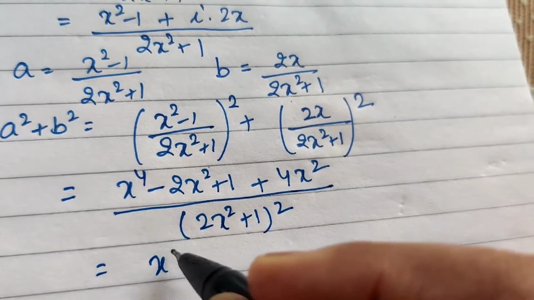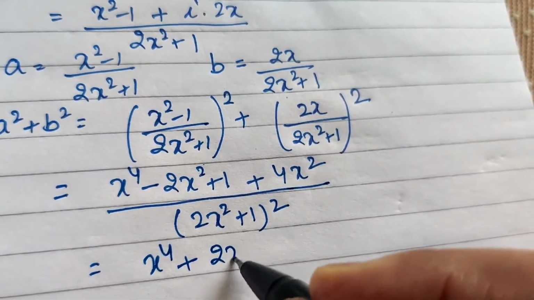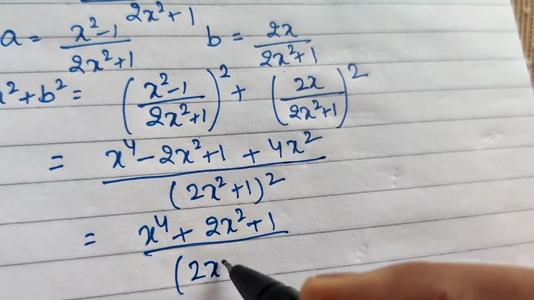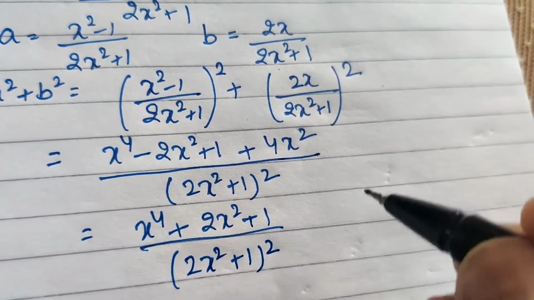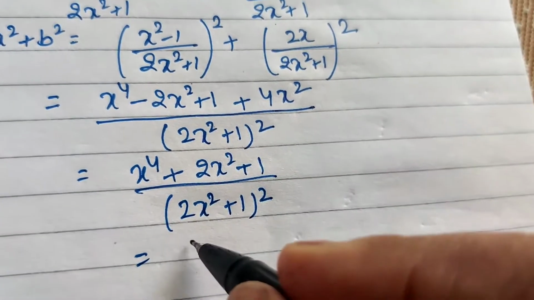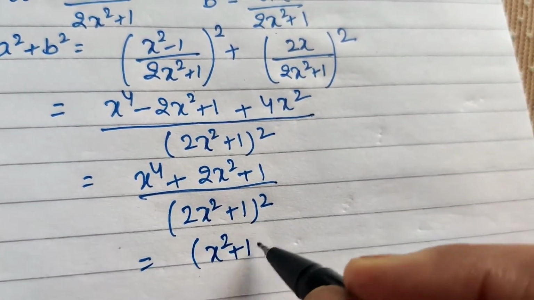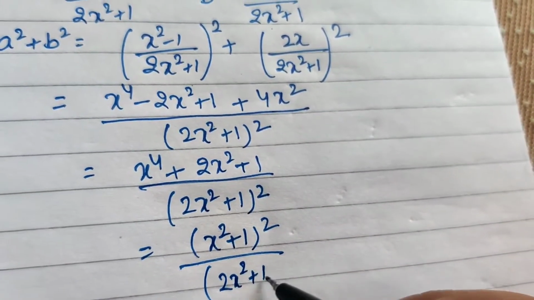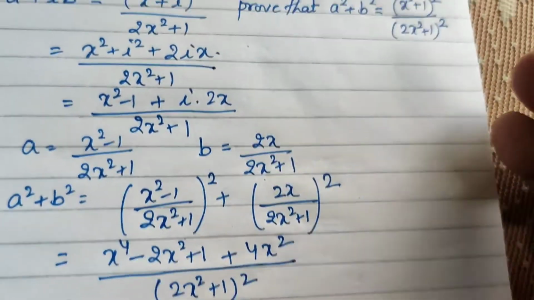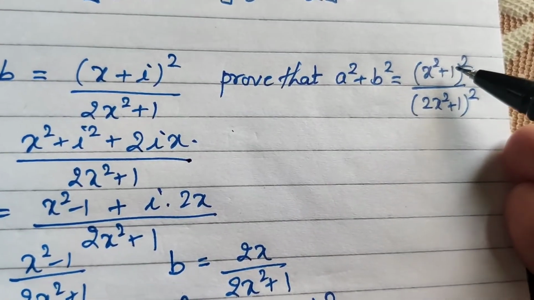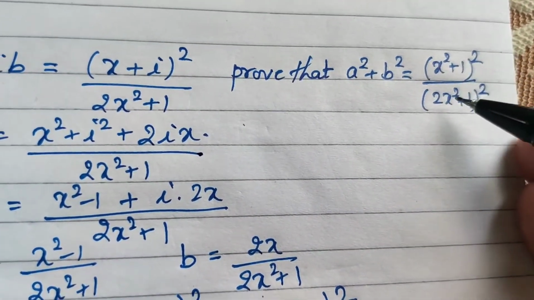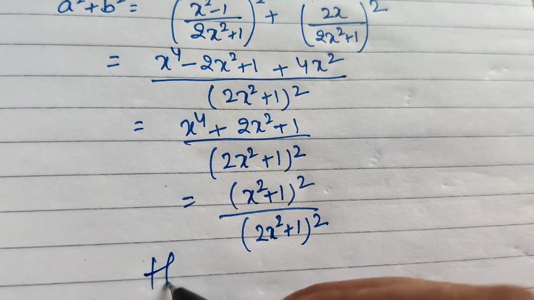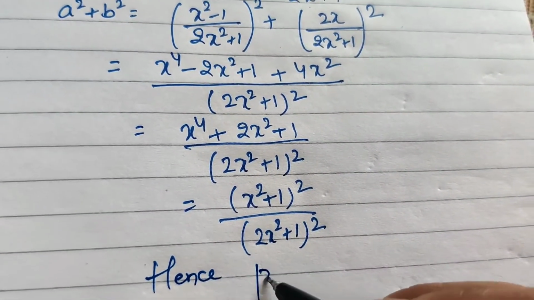So we can write x raised to power 4 plus 2x square plus 1 upon 2x square plus 1 whole square. It is the square of x square plus 1, by 2x square plus 1 whole square. Hence proved.